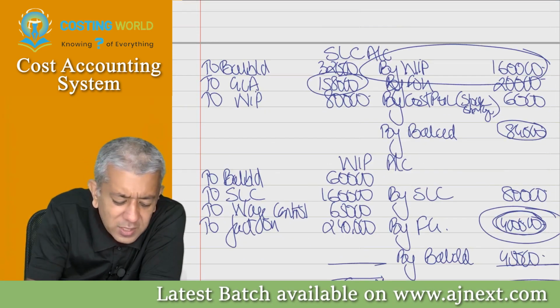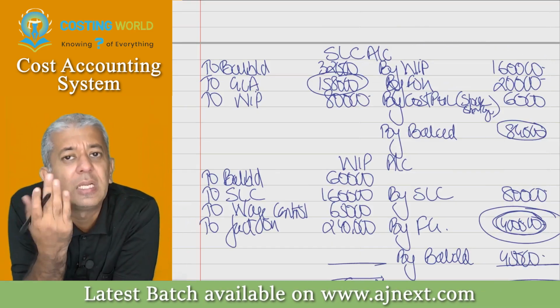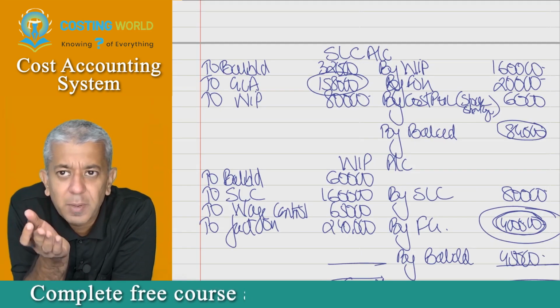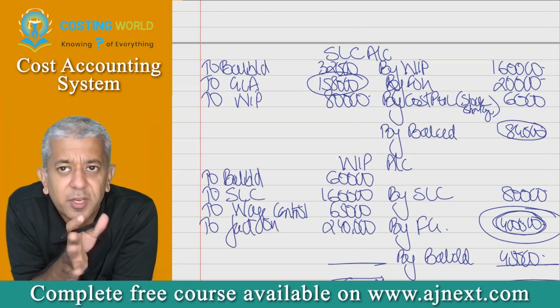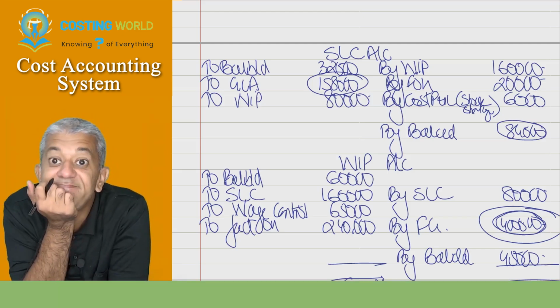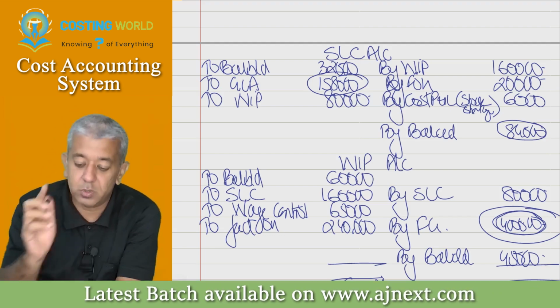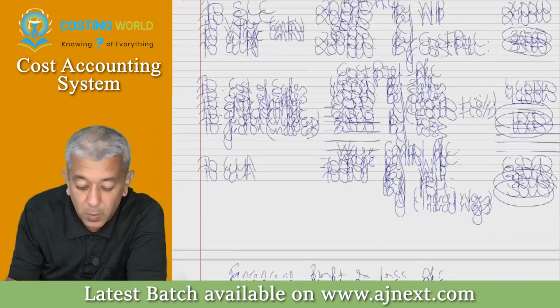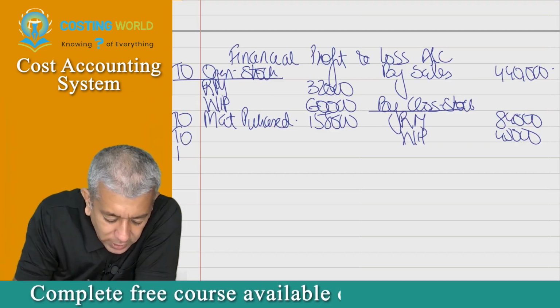Now, what I was trying to tell you is that these particular things, like material issued, all these transactions don't even come over there, because these are all internal transactions. One department is issuing materials to the other department. The company doesn't get affected by all these things. So I'm not interested. I'm interested in how you prepare your accounts. I've given you some hint. Only 2 more transactions need to come over here.